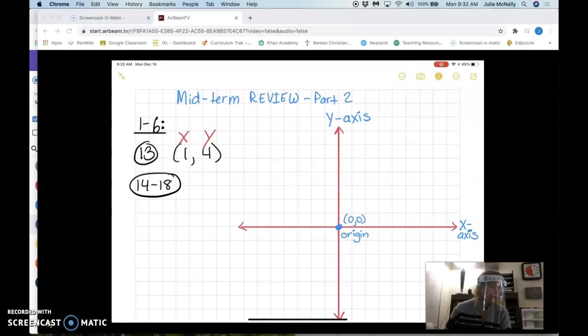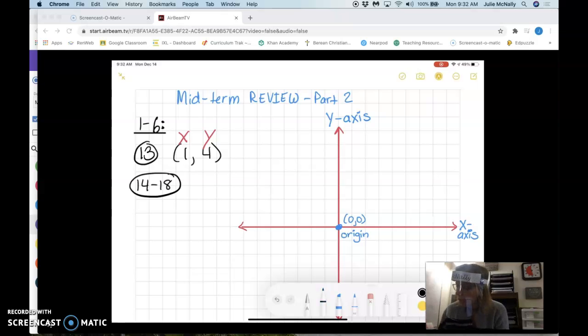How about negative numbers and positive numbers? So let's just number 5 in all directions, okay? And I'm going to have to write on top of my origin here. But moving to the right is positive. What if I go up? Positive again.